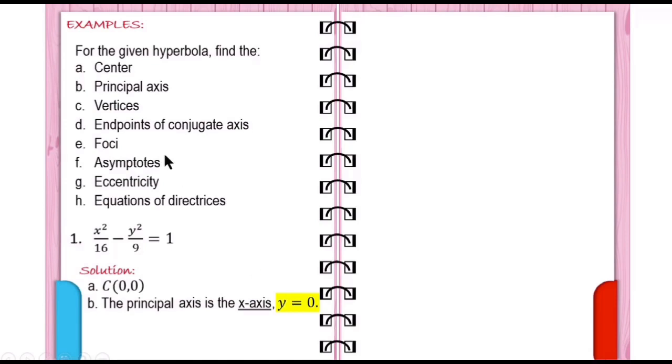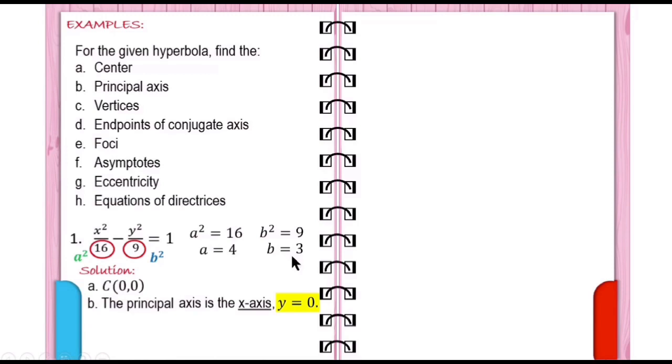Now to determine the vertices, endpoints of conjugate axis, and foci, we need to find A, B, and C. So for hyperbola, a squared should always come first, but it isn't necessarily greater. This value may be greater than, less than, or equal to this value. So if a squared is 16, a is equal to 4, and if b squared is 9, b is equal to 3.